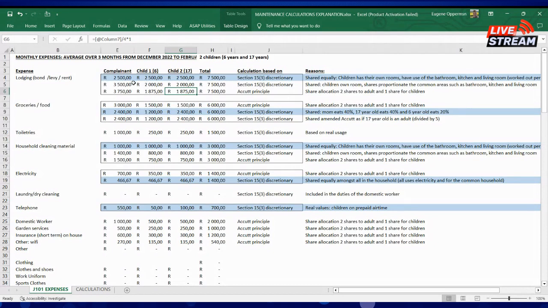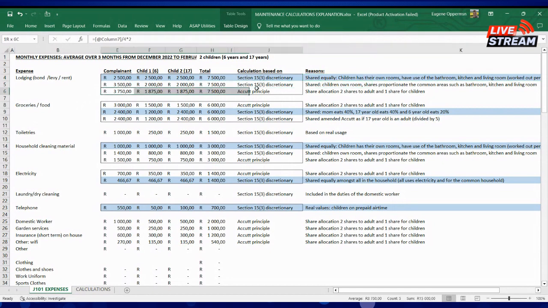Because one could reason and justify that everybody in the house has equal rights to each and every portion of that house, then a shared portion of equal standing would suffice, and that could be justified in court. So this is how the figures would be influenced.